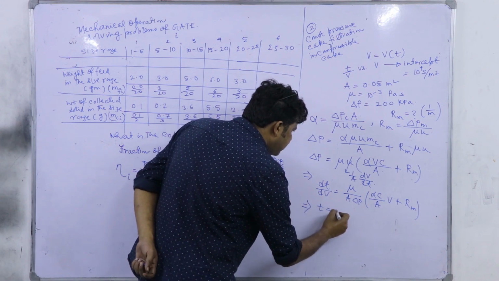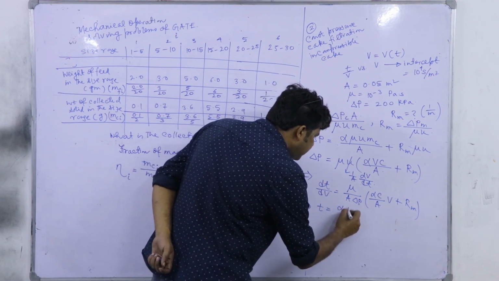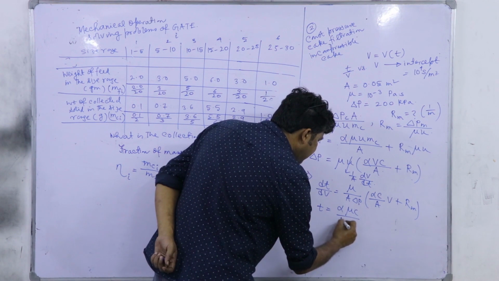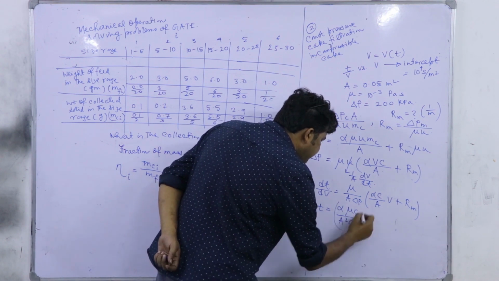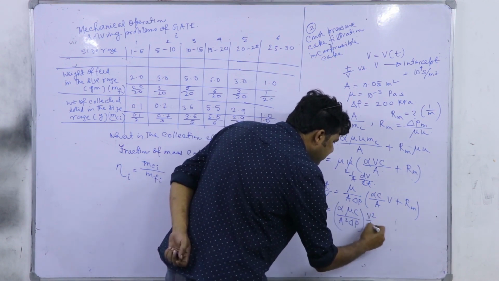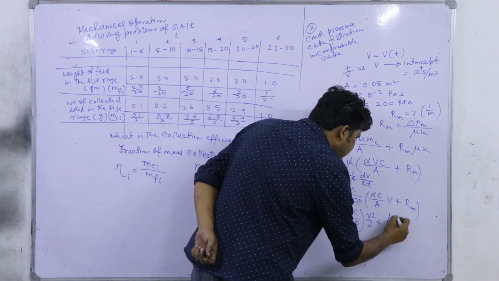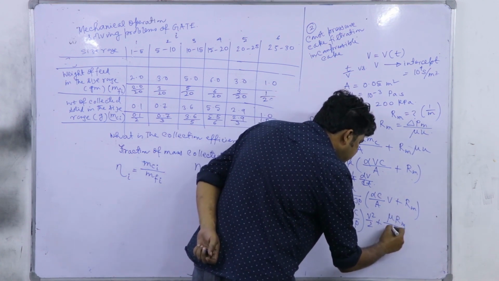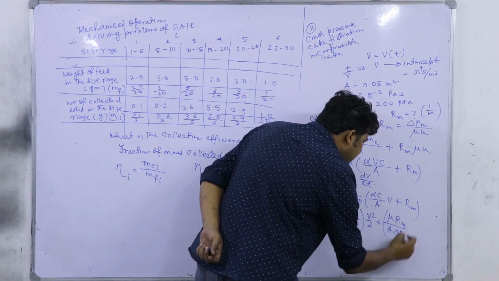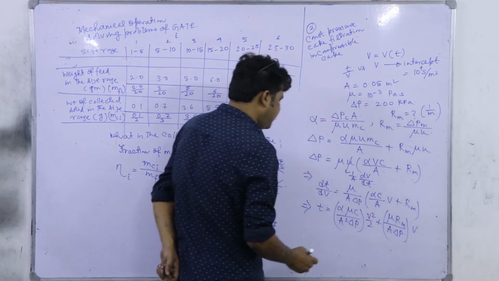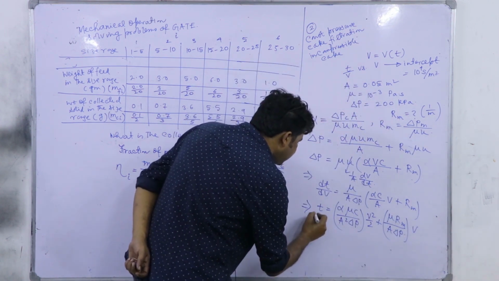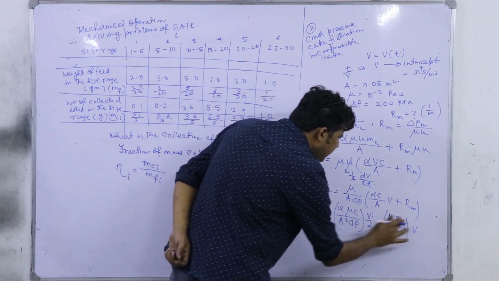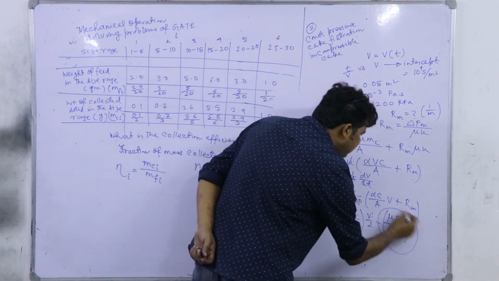So, t is equal to alpha mu C by A squared delta P, this is Kc, into V square by 2, plus mu Rm by A delta P into V. So, t by V, if we divide it, we can write it like this. So, this is my intercept.